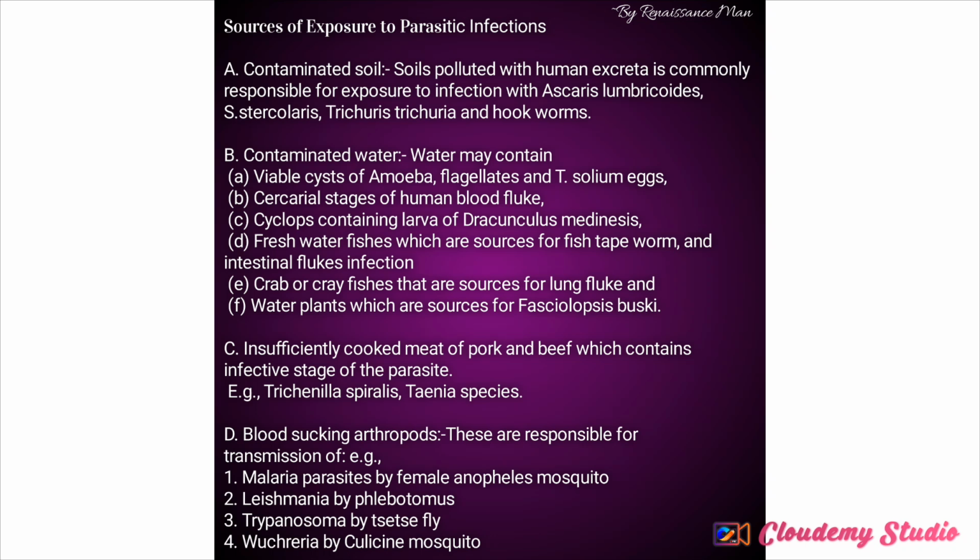Now, the second one is contaminated water. Another way you can be exposed to parasitic infection is contaminated water. Water may contain viable cysts of amoeba or Taenia solium eggs. It can also contain the cercariae of a blood fluke, Fasciola gigantica.